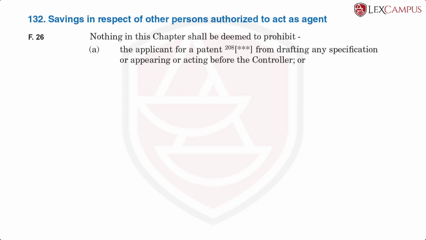If an applicant feels that the applicant wants to file a patent on their own, they can do it. So, the applicant for a patent can draft any specification, appear before the controller and deal with the patent office for all purposes.